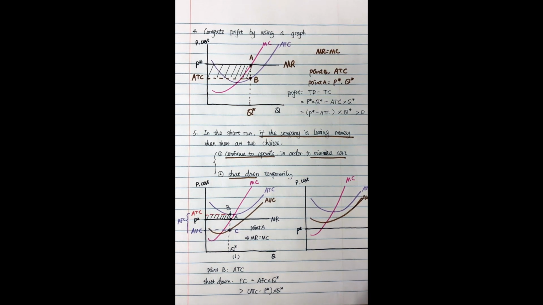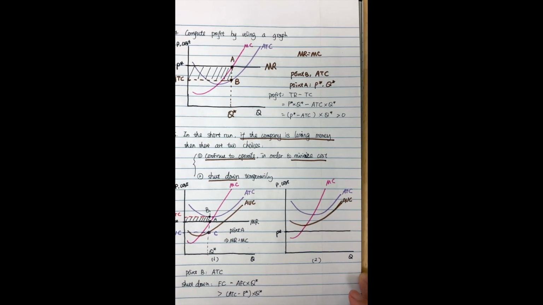Therefore, in this case, firms will choose to operate rather than shut down the business temporarily, because by shutting down temporarily, the firm will suffer more loss. So in this case, the firm would choose to stay in the market and operate in order to minimize their cost. Okay, now let's look at the second case.